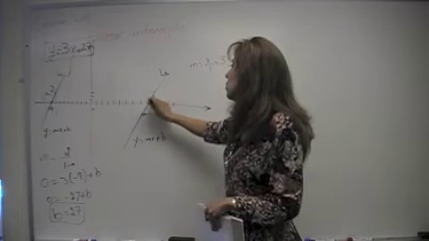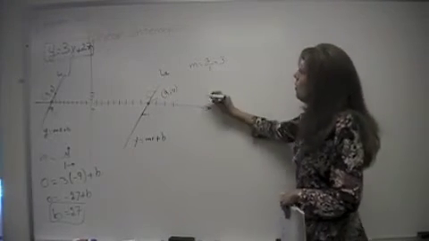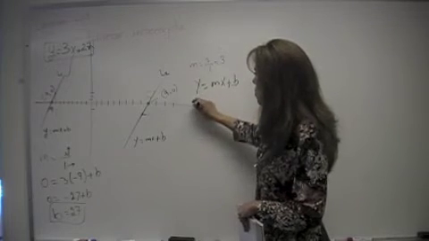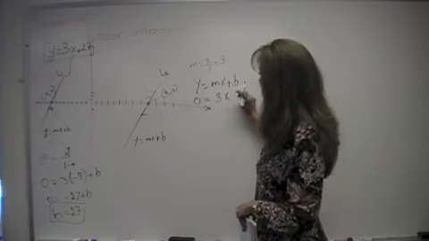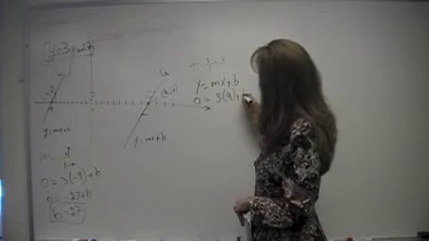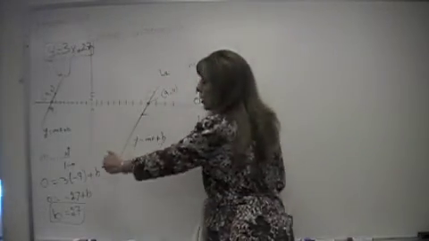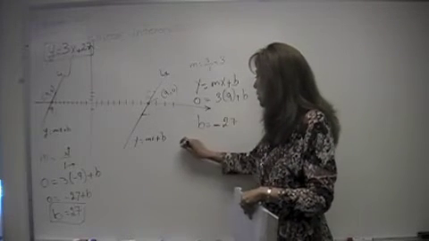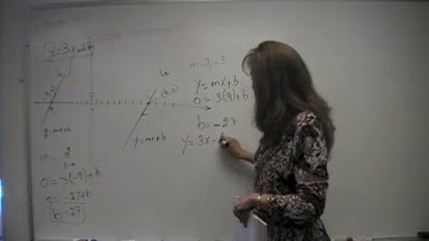I'm going to pick this point here, which is 9, 0. y equals mx plus b: y is 0 equals 3 times 9, plus b. So b is going to be -27. That means if I continue this line down, it's going to intersect the y-axis at -27. So that would be y equals 3x minus 27.